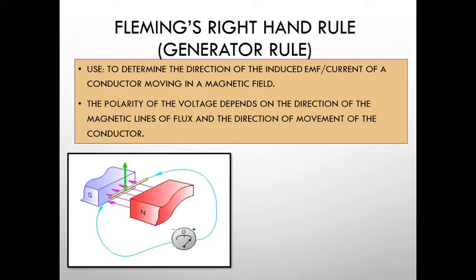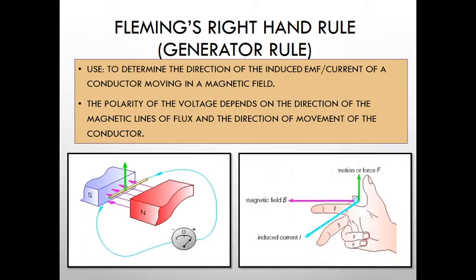Now apply Fleming's right-hand rule. Your middle finger designates the direction of the induced current or induced voltage. Your pointer finger represents the magnetic field, B. And your thumb represents the motion or force.